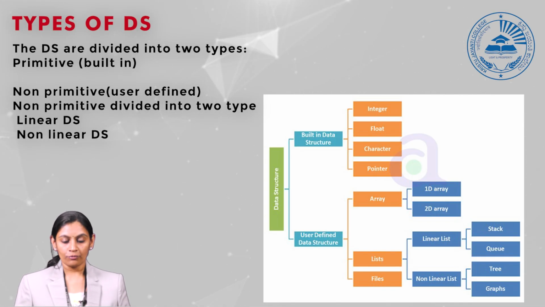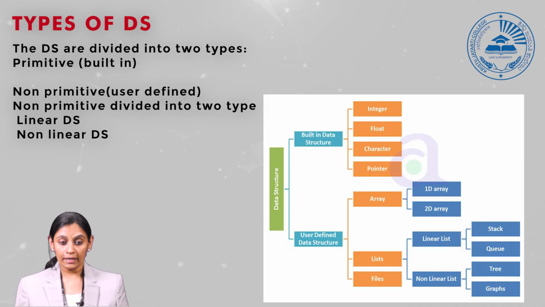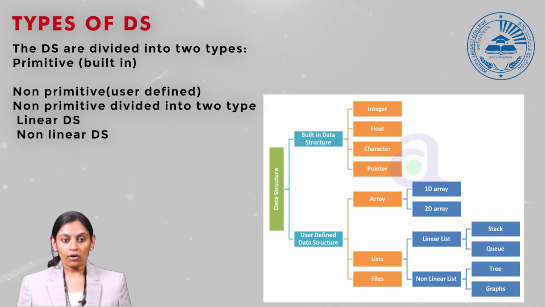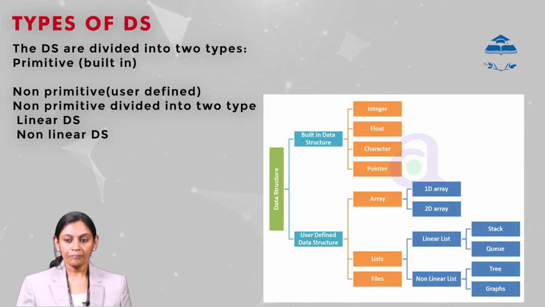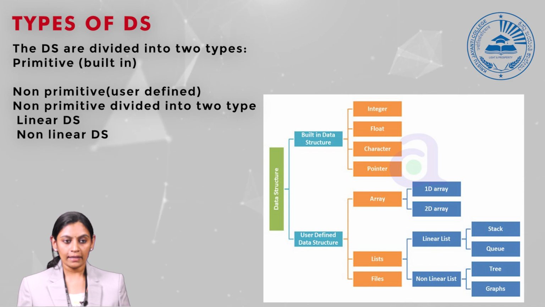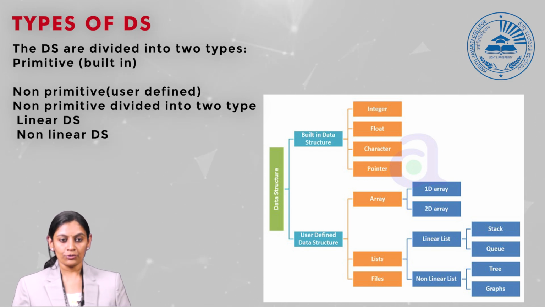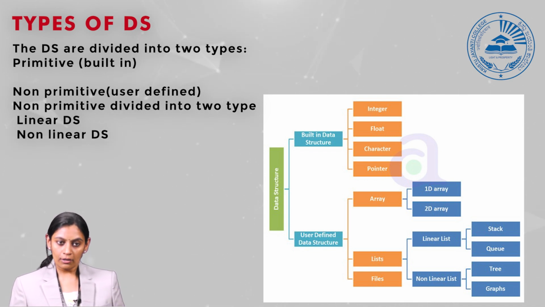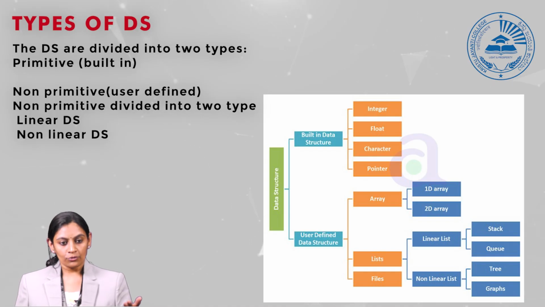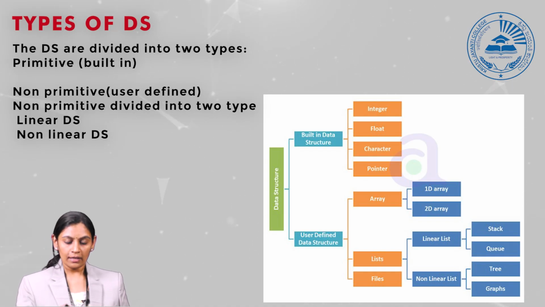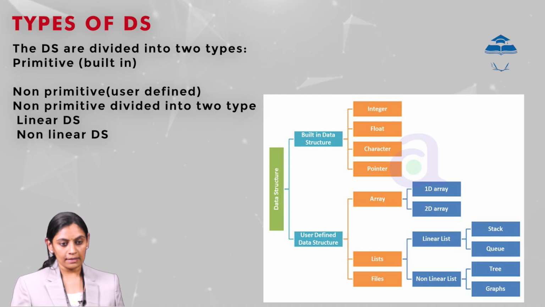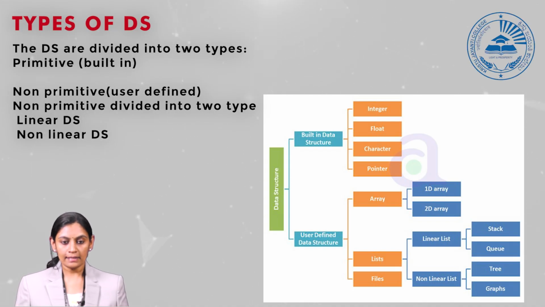For example, we have seen an array of character type. So you are using a combination of built-in as well as user-defined forms. I am creating an array of type character, which means I am using the built-in data structure called character to create an array.